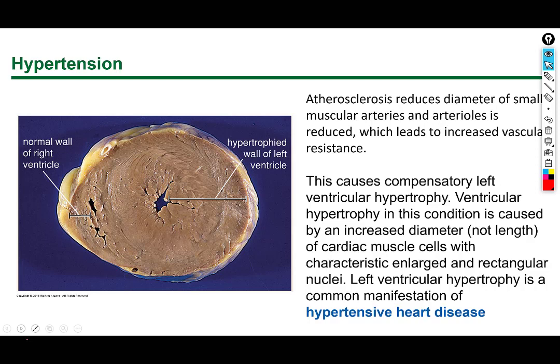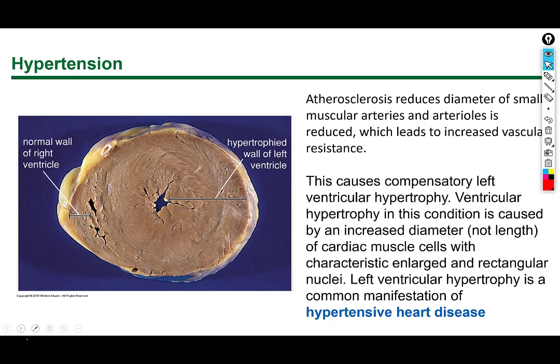Buff heart equals pumps harder equals moves blood better. You would think that, but what actually happens is a hypertrophied left ventricle reduces the ability of the ventricle to fill because the wall is thick, meaning the lumen gets smaller. So if you can't fill as well, that means less blood gets in and therefore less blood pumps out.